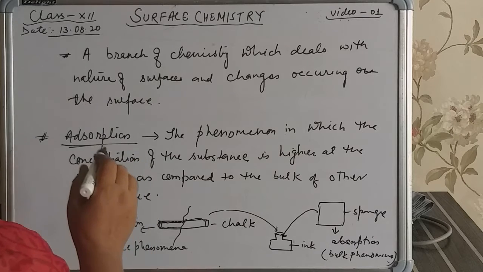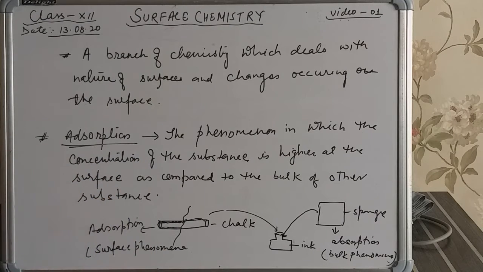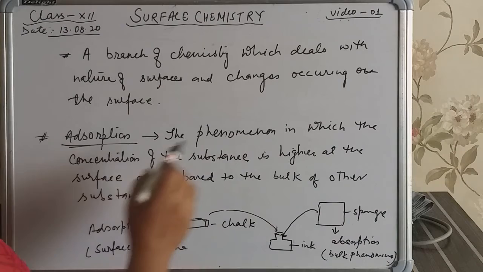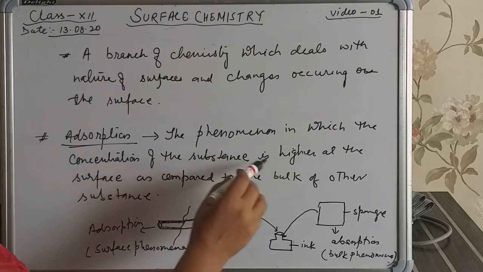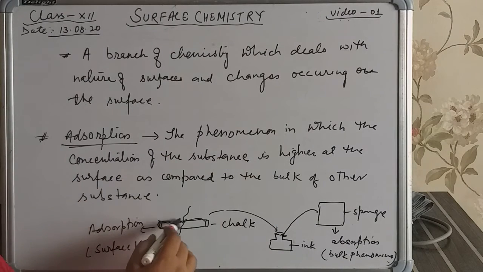In this chapter we give our main focus on adsorption: the phenomenon in which the concentration of the substance is higher at the surface as compared to the bulk of other substance.